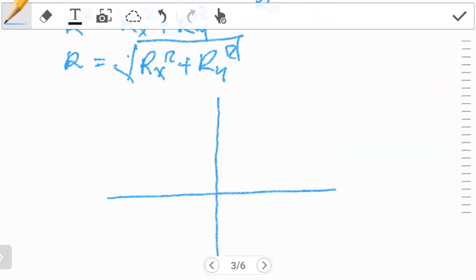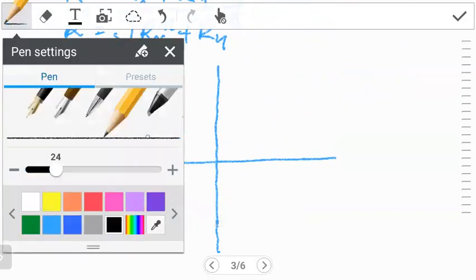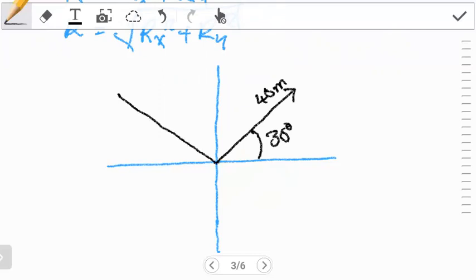And then we're saying we have a person or a man who walks a series of displacements. So let's say first, this person moves like this, and this is 40 meters at an angle of 30 degrees. Next, we have this, and we are told that this is 60 degrees, and this is 14 meters.